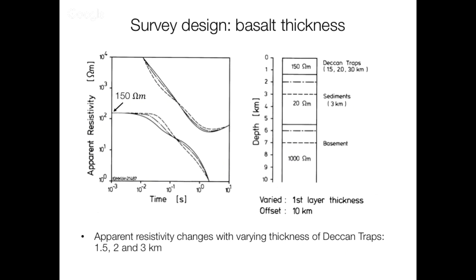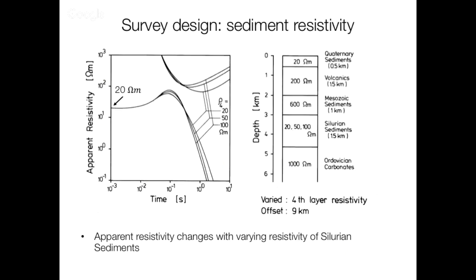If you change the thickness of the sediments, you change these curves, so with this model you could be sensitive to the thickness of the sediments. Similarly, with a fixed thickness, if you change the conductivity or resistivity of the sediments, you could also see some manifestation of that.